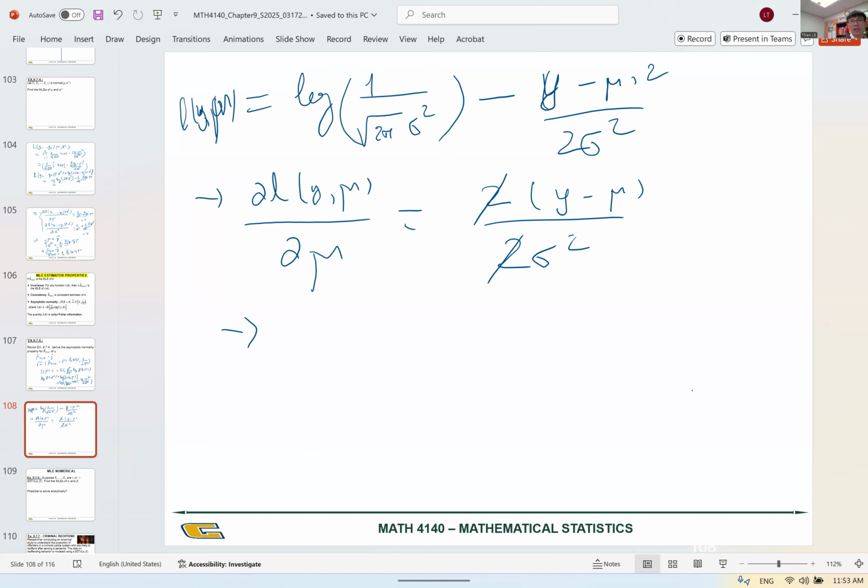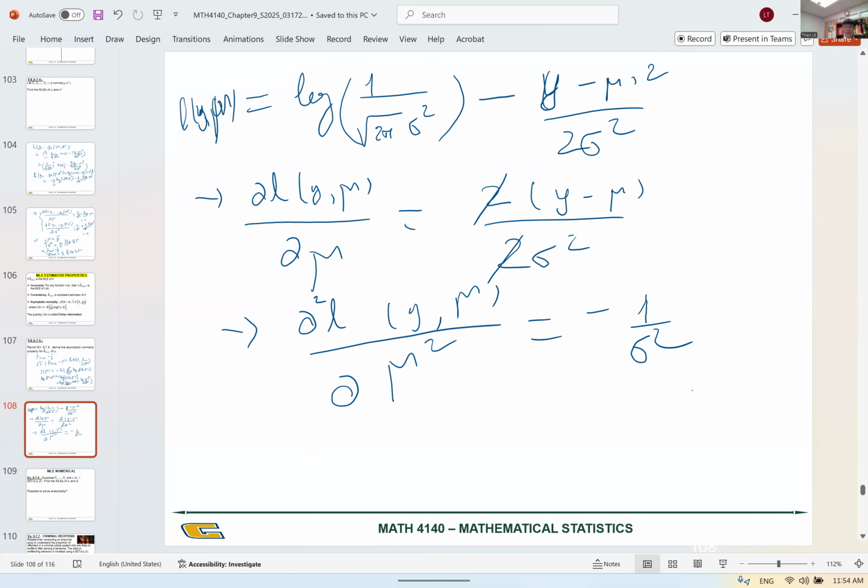And you do one more round of differentiation with respect to mu here. Now you get 1 over sigma squared, right?